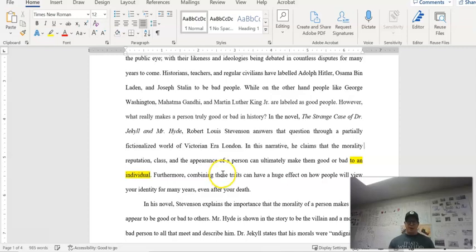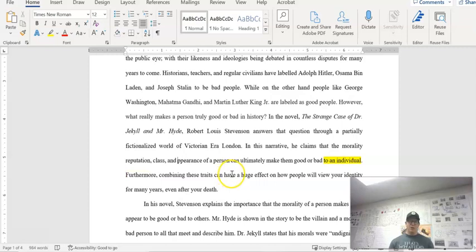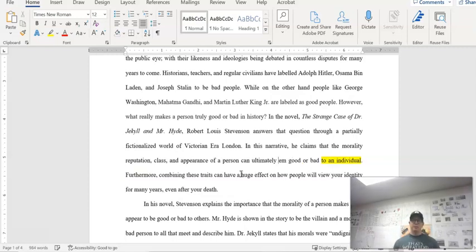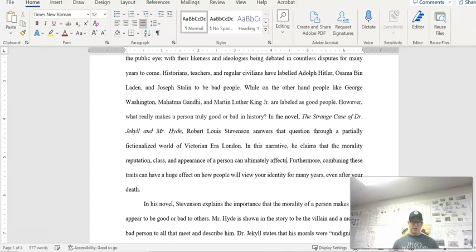That the morality, reputation, class, and appearance of a person can ultimately make them good or bad. This to me is ambiguous. It's kind of confusing. Make them good or bad to an individual. I think maybe what you're trying to say is affect the way they are perceived.